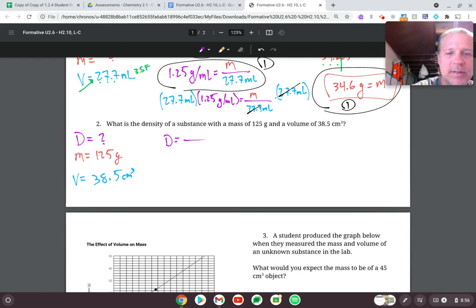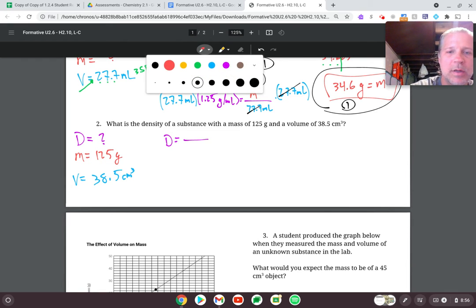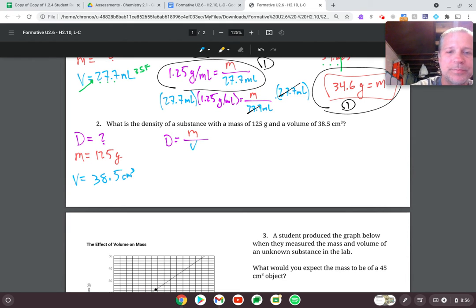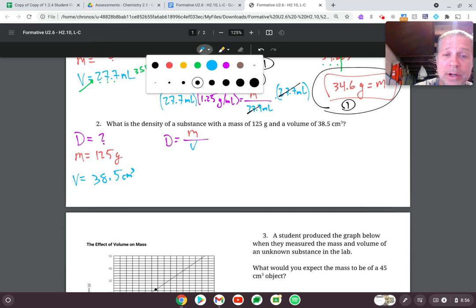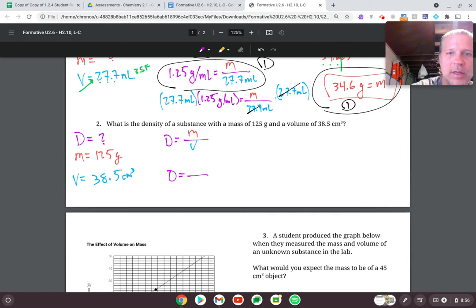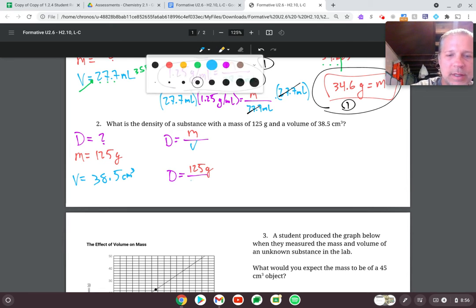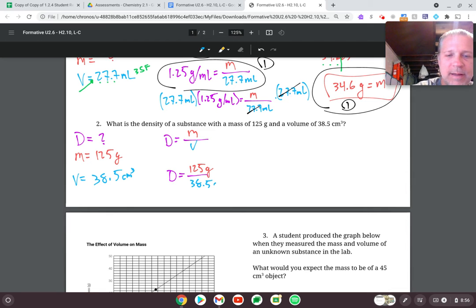So like before, I'm going to go ahead and write my formula. So density is equal to mass over volume. I'm going to do my substitution. So density is equal to 125 grams over the 38.5 centimeters cubed.